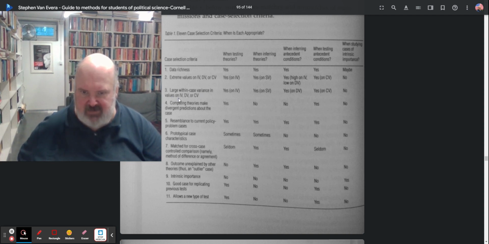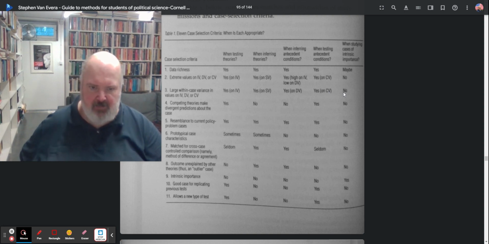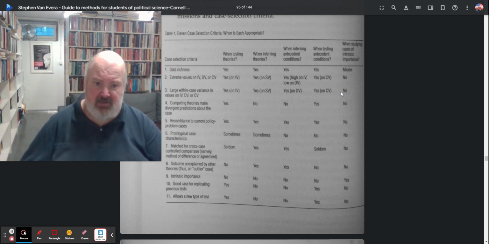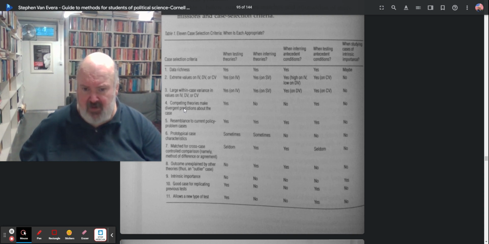Within-case variance and values of the IV, DV, or CV: testing theories, yes, on the IV. Inferring theories, yes, on the study variable. Inferring antecedent conditions, yes, on the dependent variable. When testing antecedent conditions, yes, on the conditional variable. Again, not important for intrinsic importance.